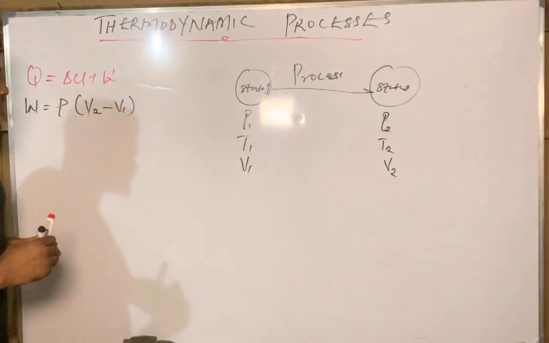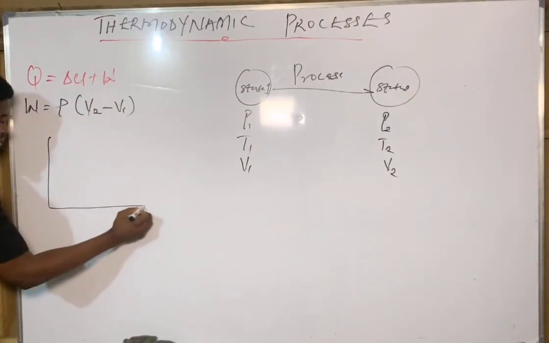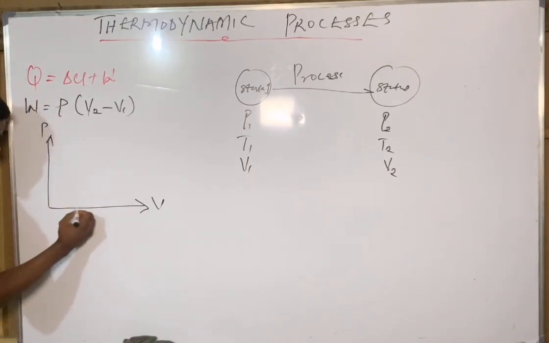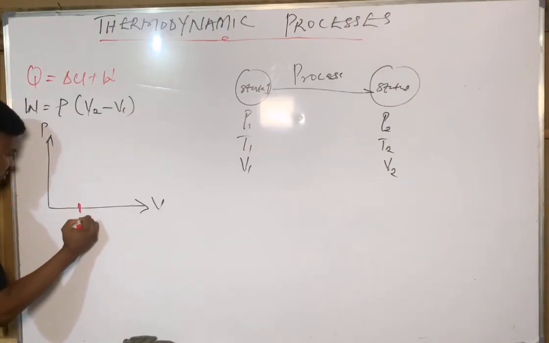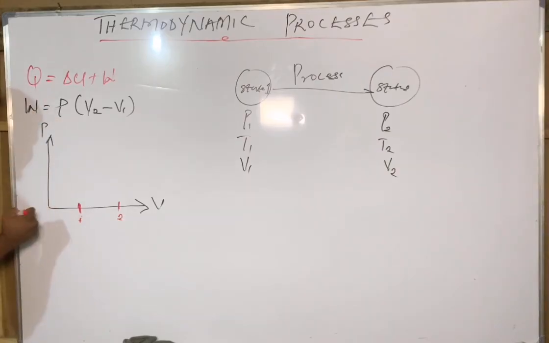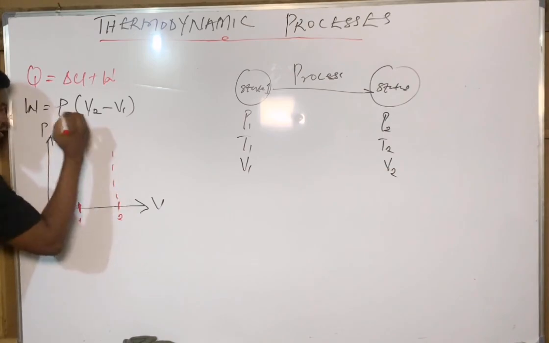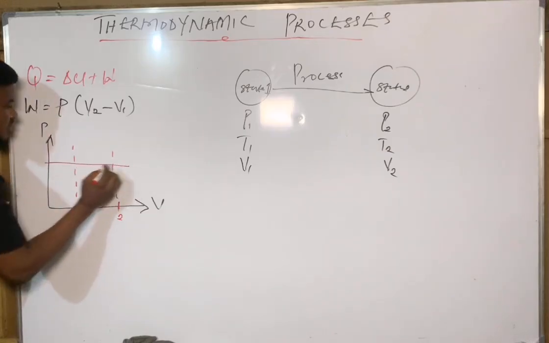Now let's see what that looks like on a PV diagram. So this is our PV diagram, our pressure volume diagram. Let's define this as our state 1, and let's define this as our state 2. You have state 1 for the volume, state 2 for the volume, but then the pressure remains constant across.